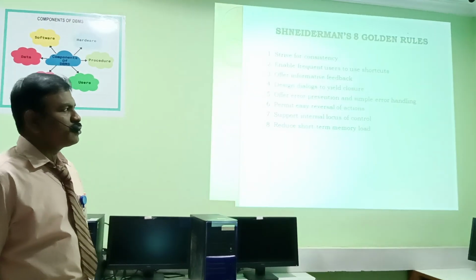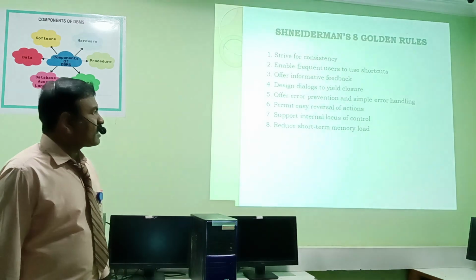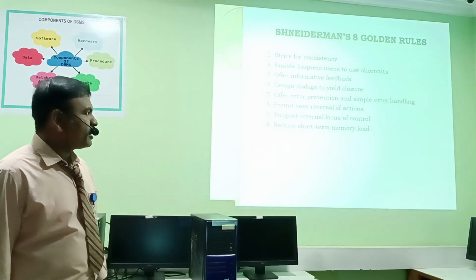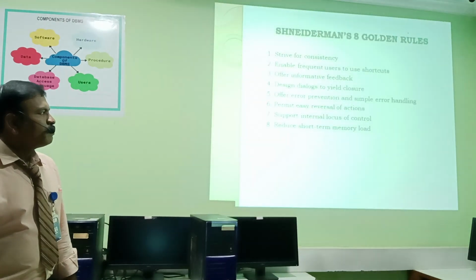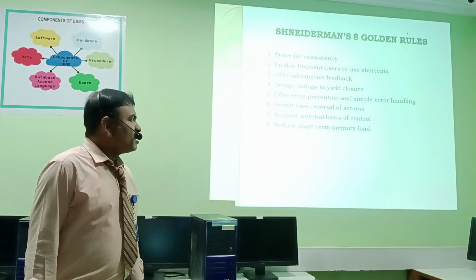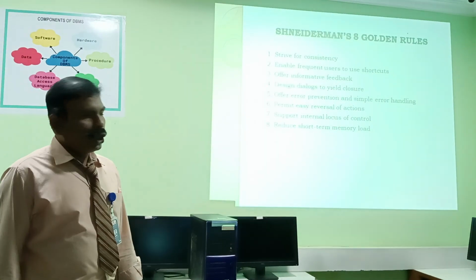Enable frequent users to use shortcuts. Offer informative feedback, design dialogues to yield closure, offer error prevention and simple error handling, permit easy reversal of actions, support internal locus of control, reduce short-term memory load.